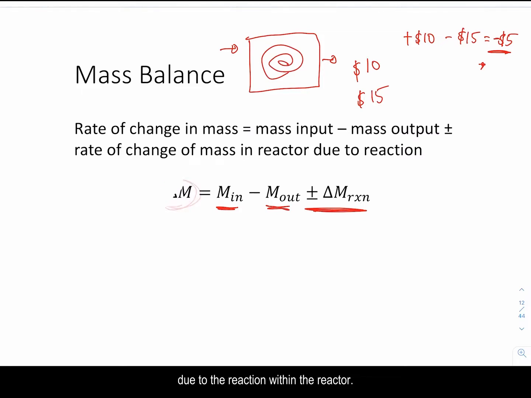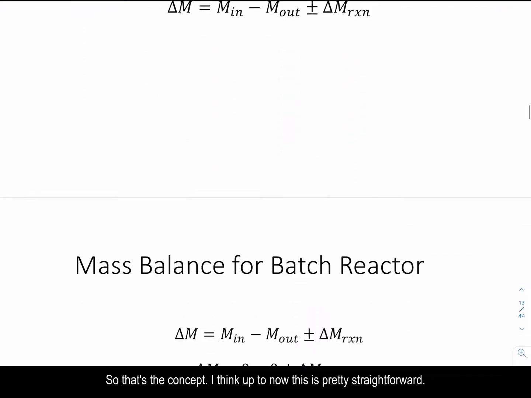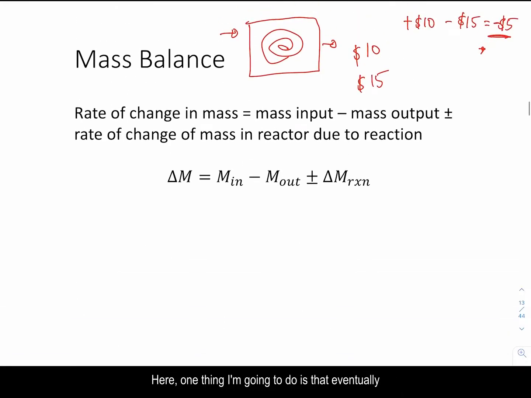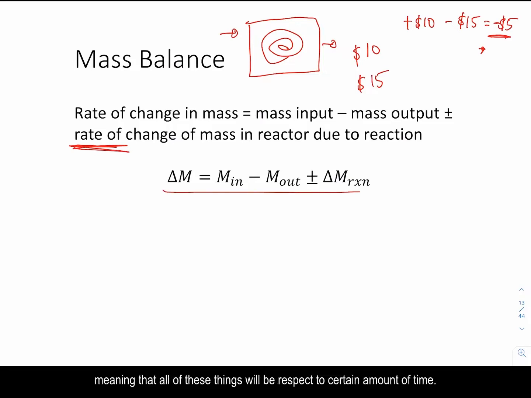Okay, so that's the concept, right? And I think up to now this is pretty straightforward. And here, eventually I'm going to introduce this rate of change of the mass, meaning that all of this will be with respect to a certain amount of time. Okay, but we'll do that later.